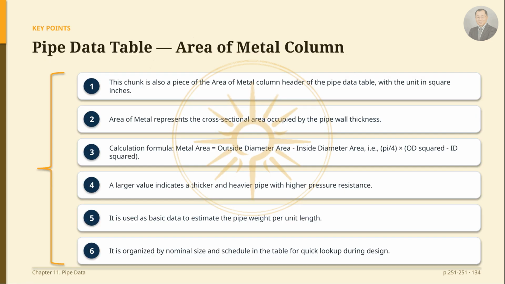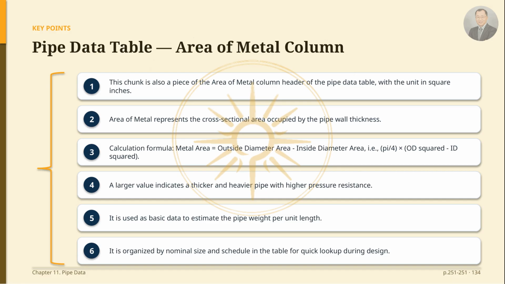Continuing with the same pipe data table, I would like to explain the area of metal column in more detail. The unit is also square inches. This value represents the cross-sectional area occupied by the pipe wall thickness. It is calculated by subtracting the internal cross-sectional area from the external cross-sectional area. Expressed as a formula, it is pi divided by 4, multiplied by the quantity of the outside diameter squared minus the inside diameter squared.